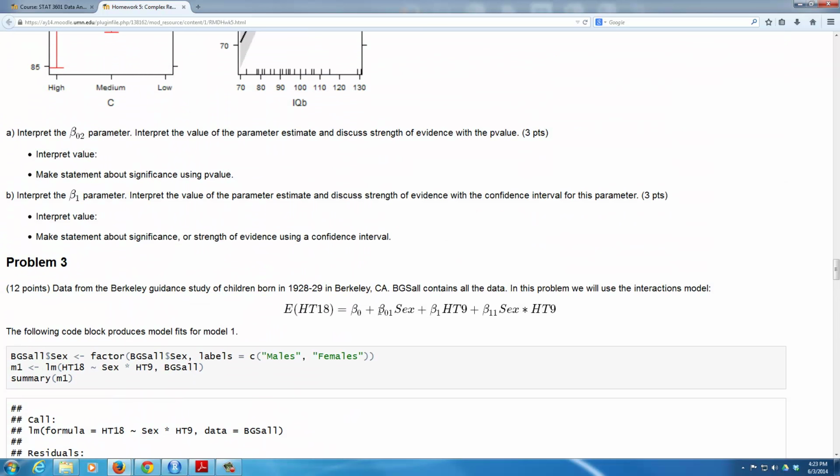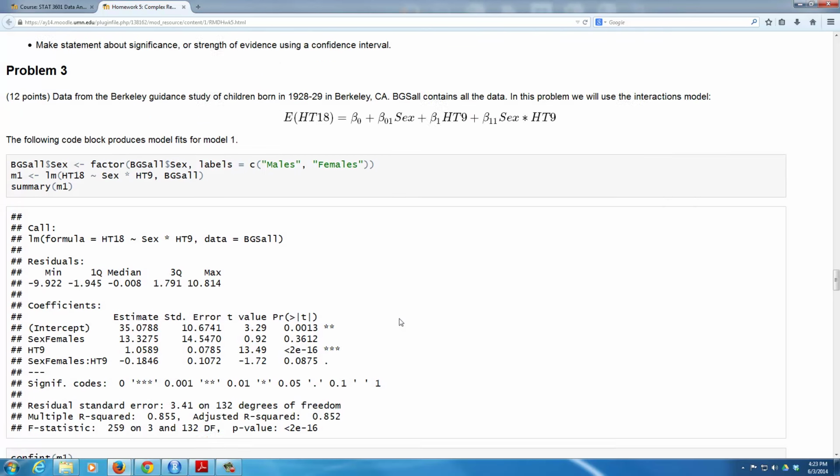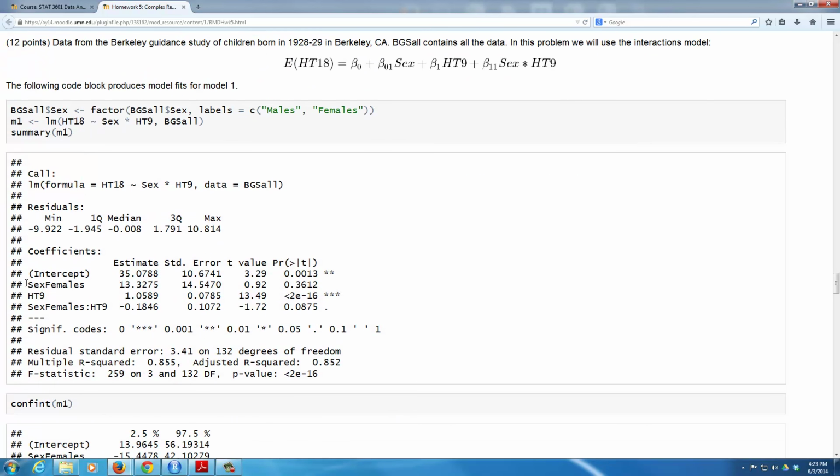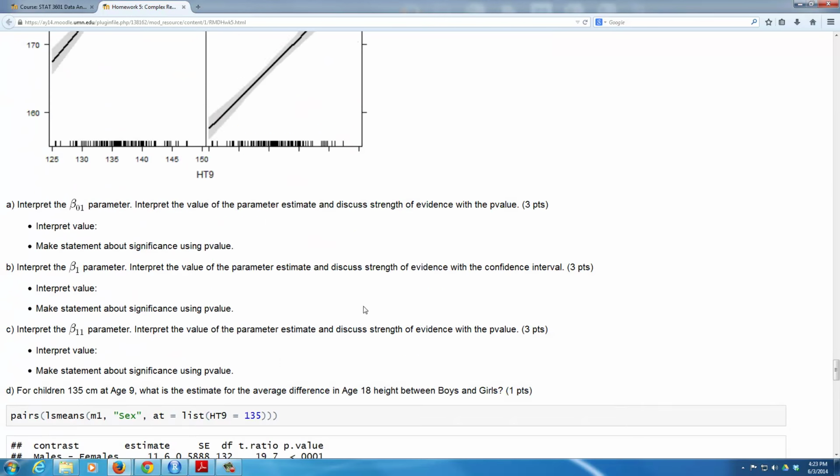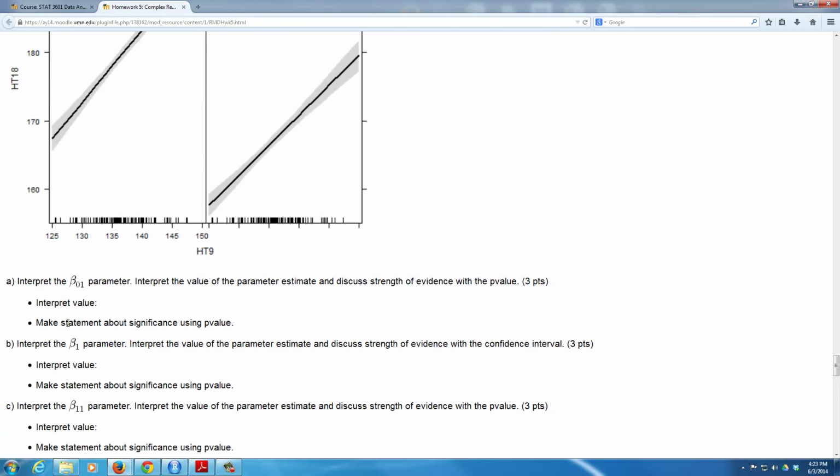It is controlling the difference in intercept going from males to females. So use the model output and interpret the change in intercept parameter and use the p-value in making your conclusion about the strength of evidence and what it says about the difference between males and females.